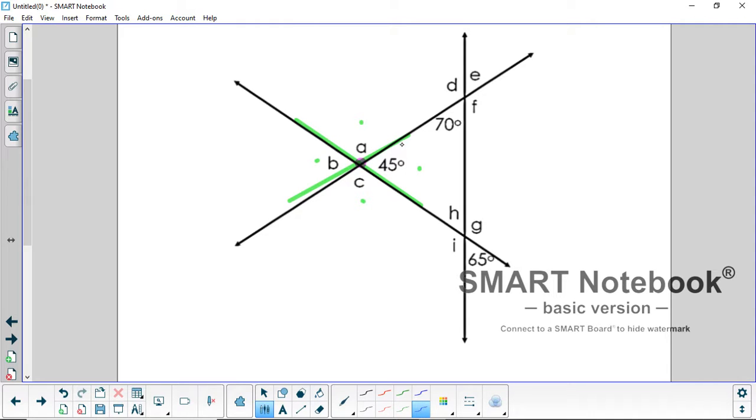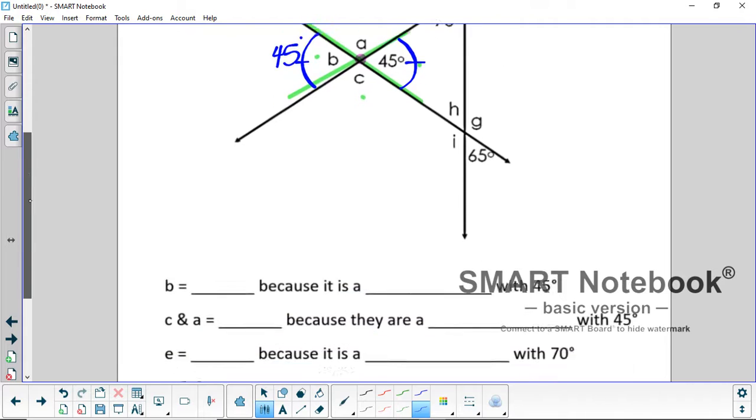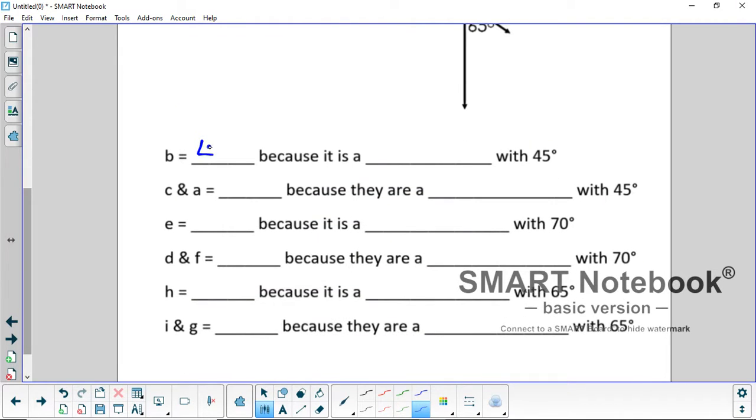So in this example, 45, which is vertical with angle B, would be congruent. So angle B would also be 45 degrees. So down here, angle B equals 45 degrees because it is a vertical angle with the given 45 that was there.